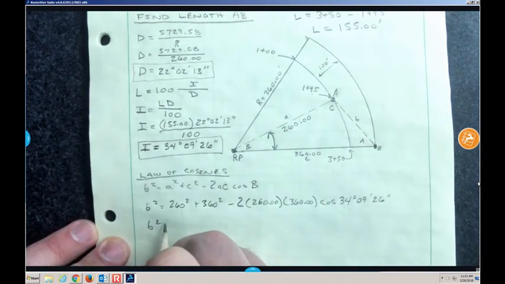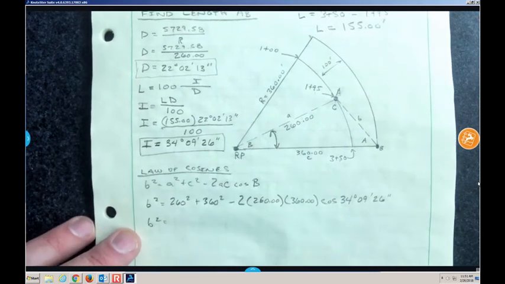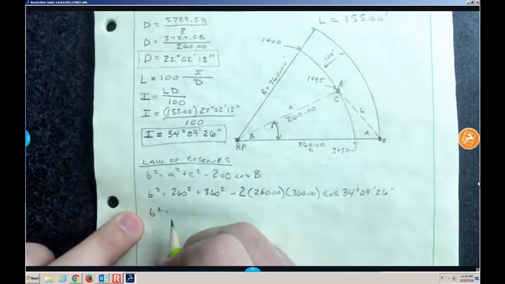So b squared equals what? I'm looking for b squared, not b yet. That's a lot of buttons. Give me the number for b squared before you actually take the square root of it.